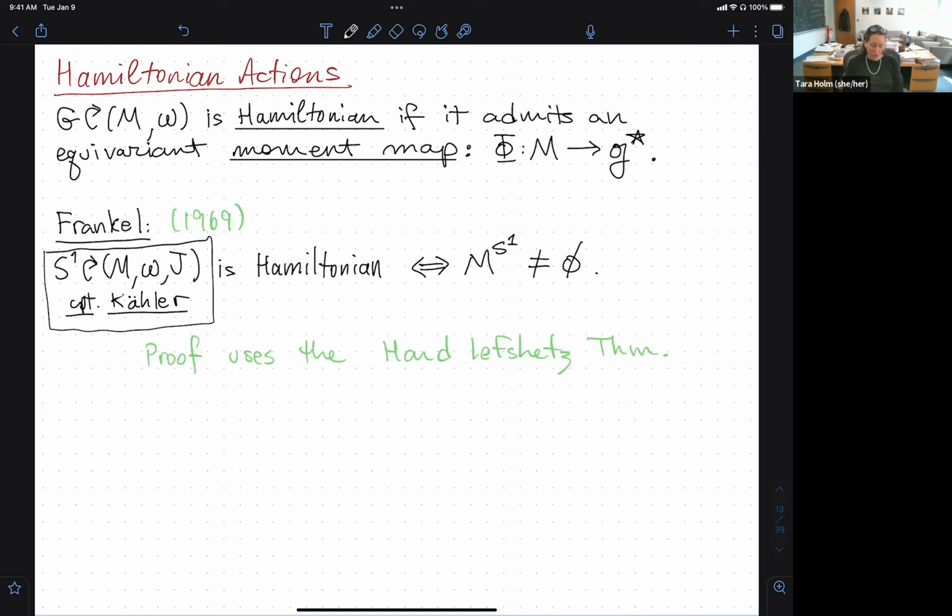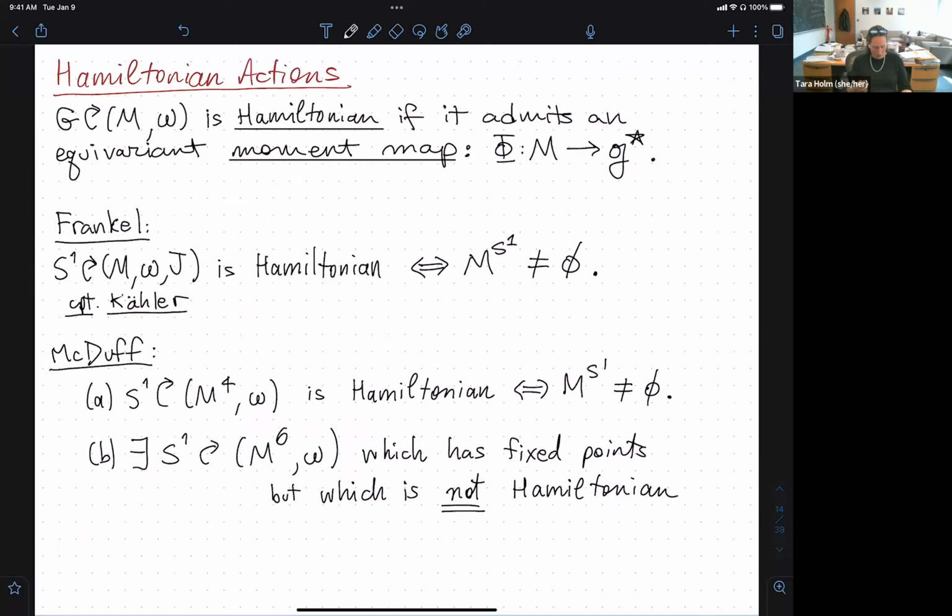It has a Hamiltonian function precisely when the action has fixed points. What I mean to say here is that being Hamiltonian is intertwined with this question of fixed points of the action.